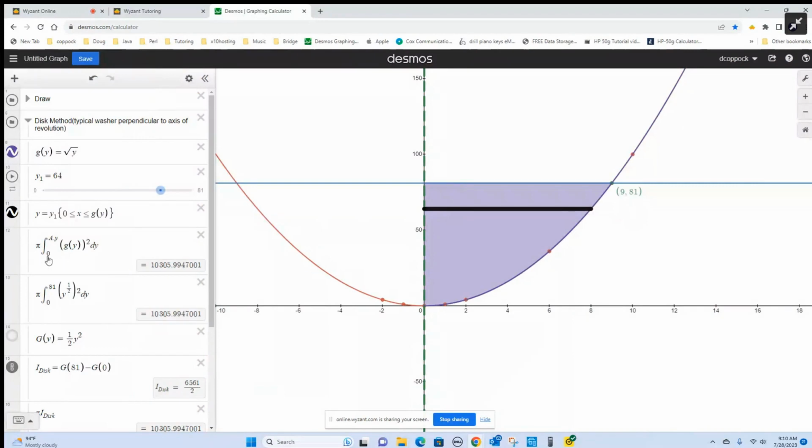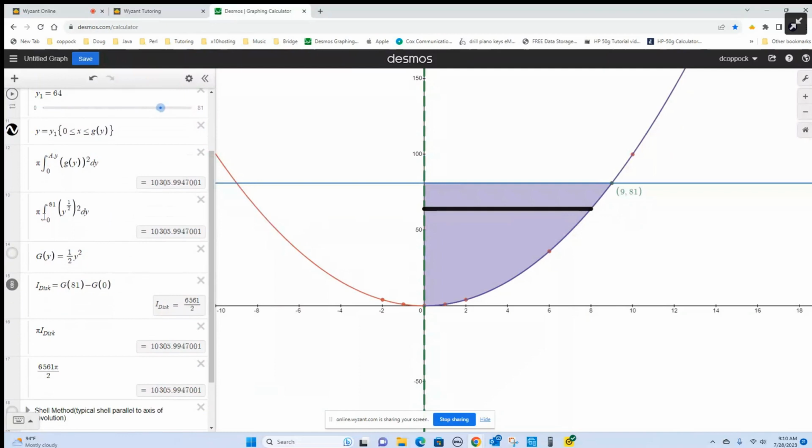Pi times the definite integral from 0 to a dot y, that's the 81, of the radius, which is the length of this washer, squared. And you can see in subsequent steps that I've changed this to y to the 1/2 squared, which is y.